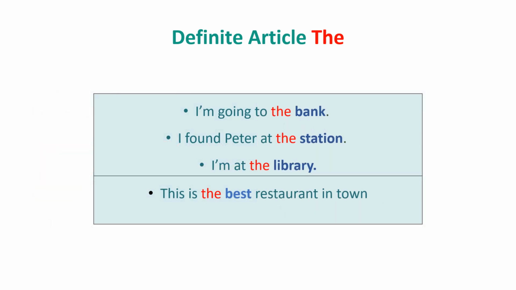Let's have a look at these examples. I'm going to the bank. I found Peter at the station. I'm at the library. This is the best restaurant in town.